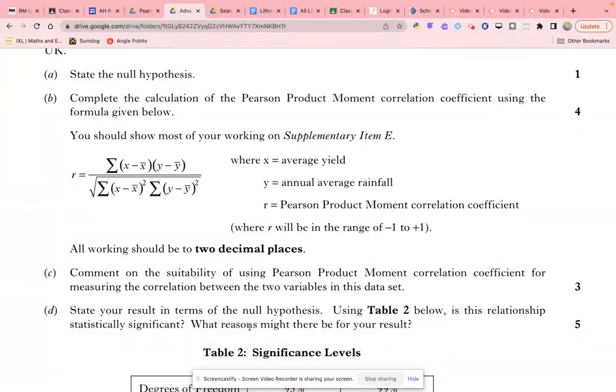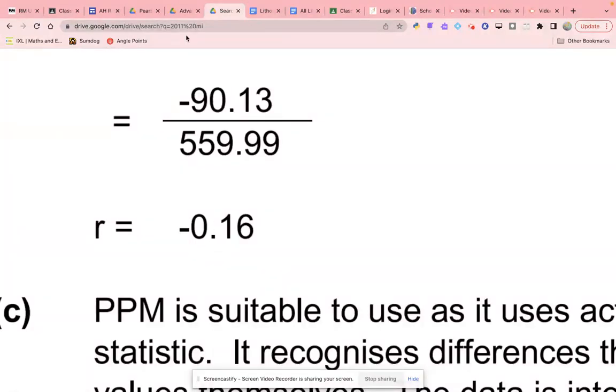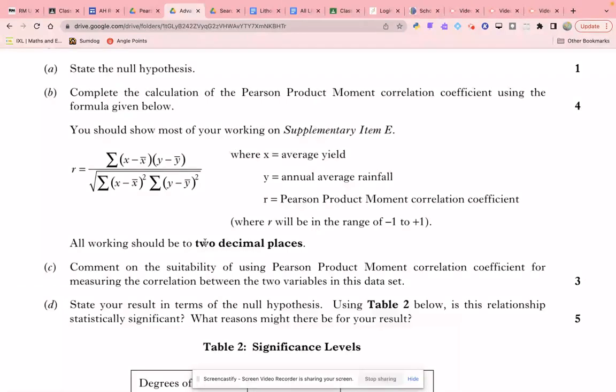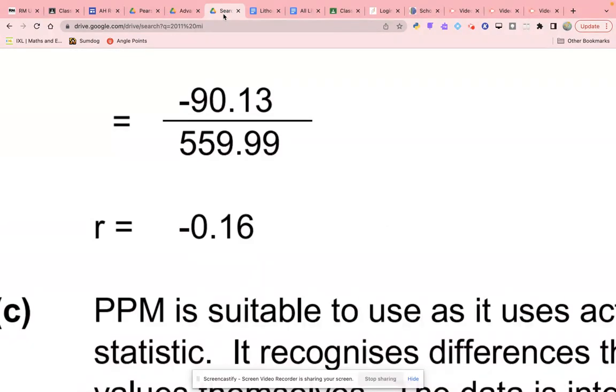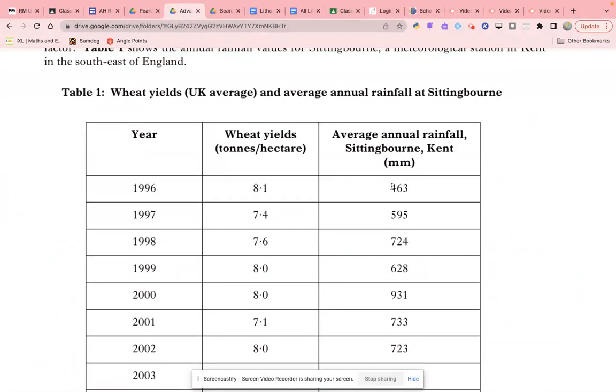Okay, so first of all, we are looking to think about the negative 0.16 in terms of our null hypothesis. Well, it is a negative number, okay, which means that this suggests there's a negative relationship. And what that really means is that as rainfall increases, the wheat yield decreases, which might be probably something we weren't expecting, okay?